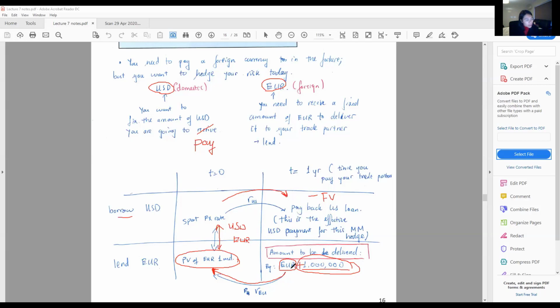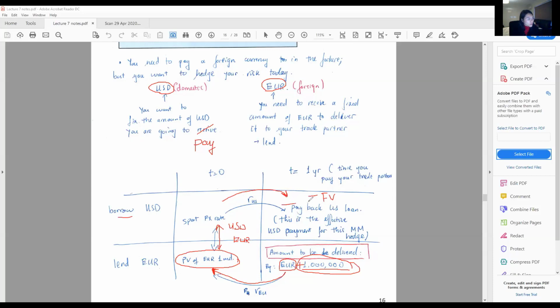So to have 1 million euro for the future, I'm going to need to invest the present value of it as of today. So where do I get the money to invest? I'm going to have to borrow in the US and convert it into the euro, okay, at the current spot rate. So if I borrow in the US, I'm going to have to pay back in the future the future value of it, okay?